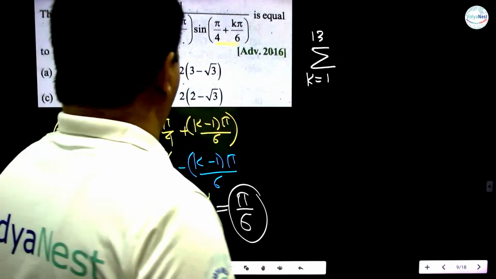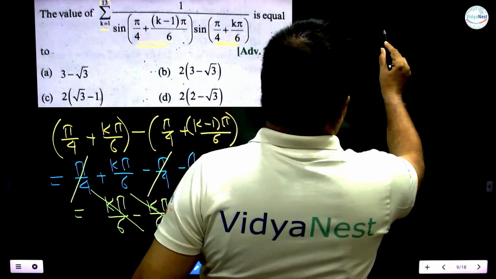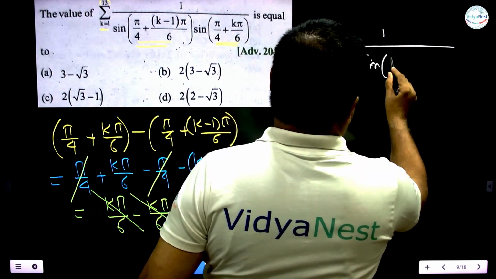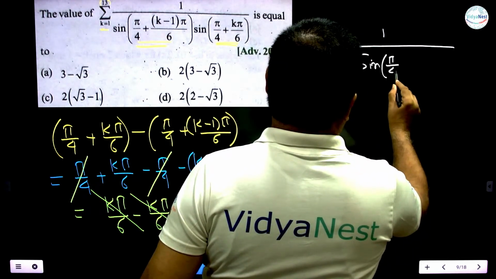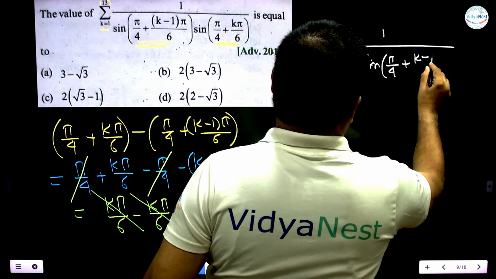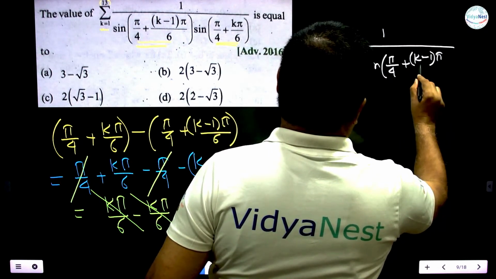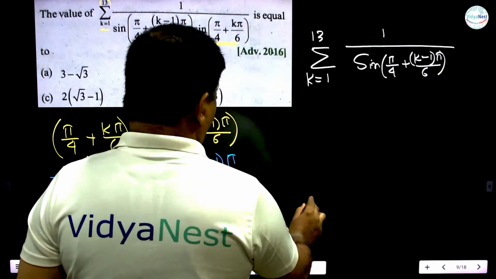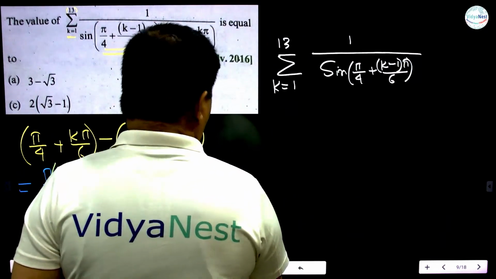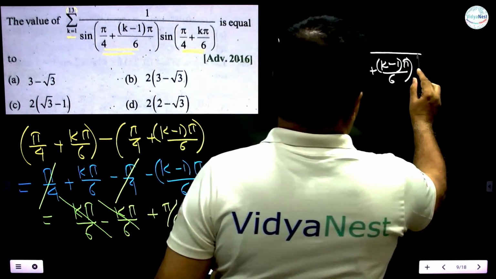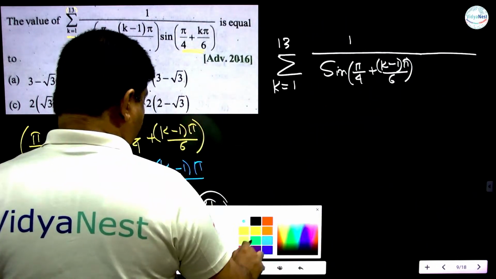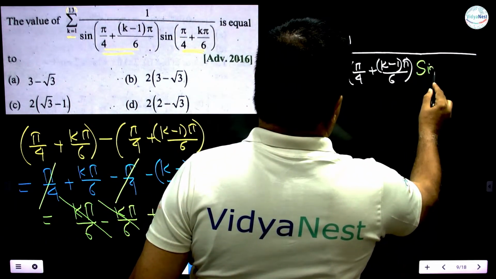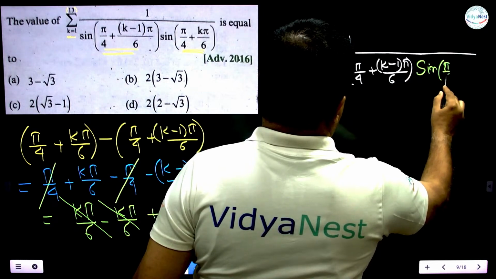That is the challenge. 1 by sin जो है उसको फिर लिखो, ये है मेन सम.